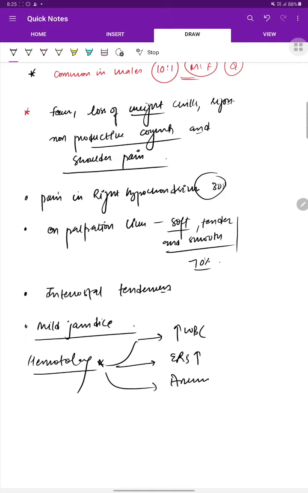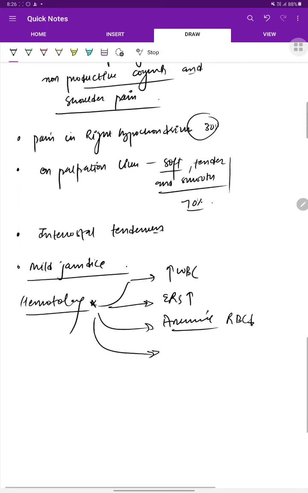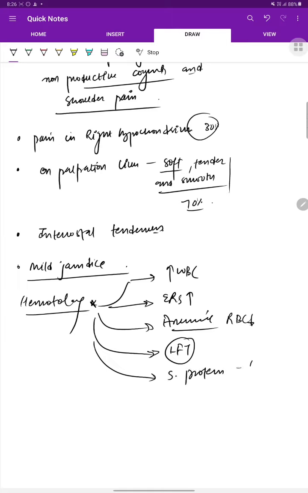Anemia may be there, as it is a chronic condition, and RBC count may go down. An important point to note: the LFTs may be deranged, and the serum protein, that is albumin, may be down.